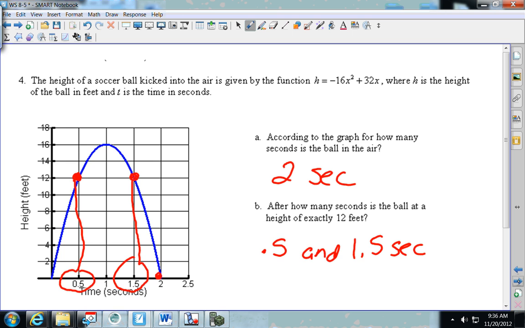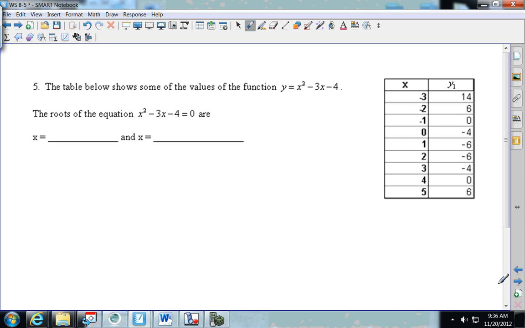The next one, it says the table below shows some of the values for the function. And it says the roots of the equation are, and it gives us 2 blanks. Well, how do you know where the roots are in a table? When y is 0. So I have it here and here.